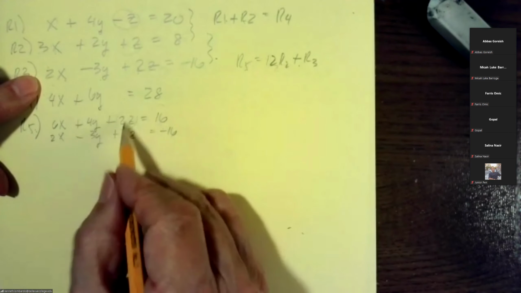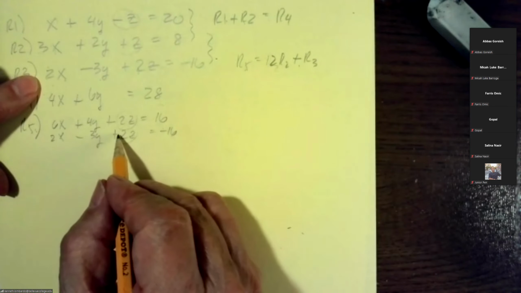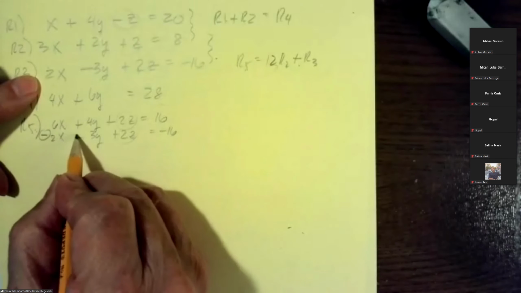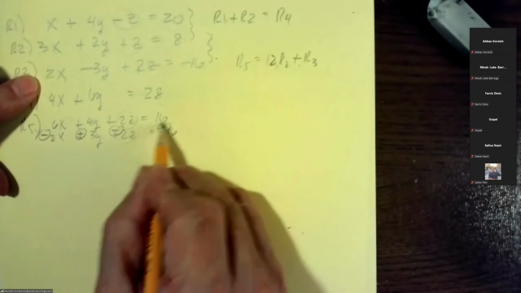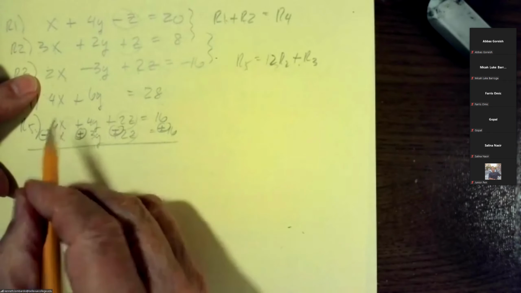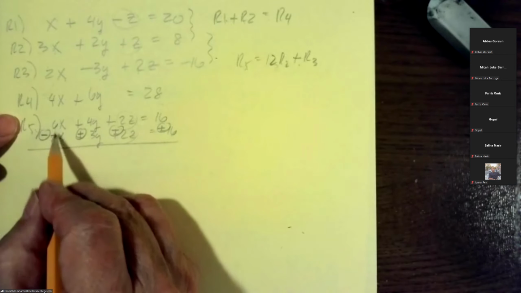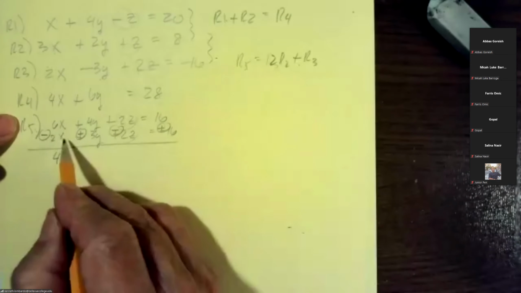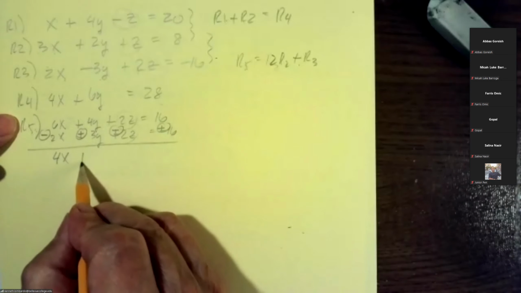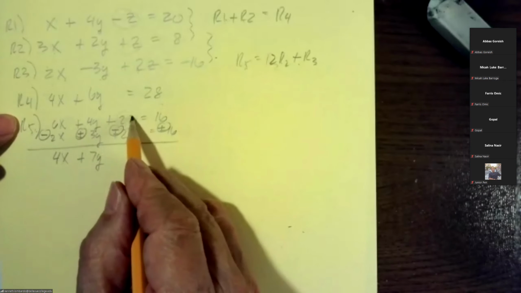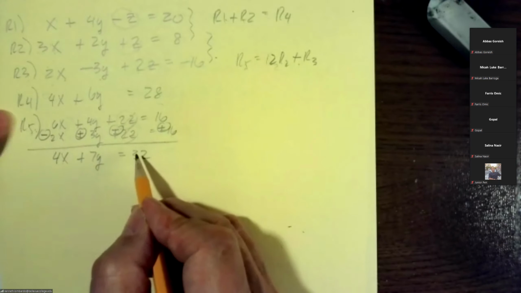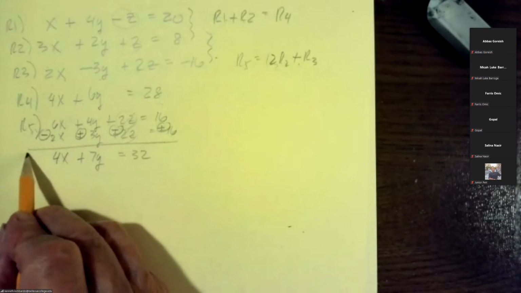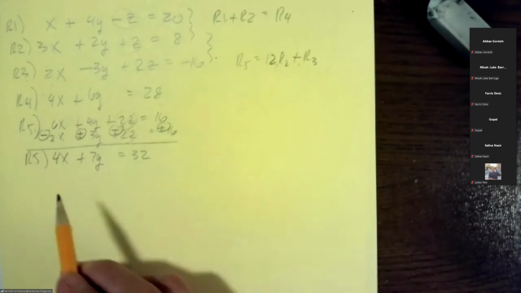And I wanted to eliminate this z, so I'm going to have to subtract. So I'm going to put a negative here, positive here, negative here, positive here, and combine those. So row 5 becomes, if my arithmetic is correct here, 4x plus 7y. The z's cancel, and that equals 32. And I'm going to call that my row 5. I'll relabel it here.